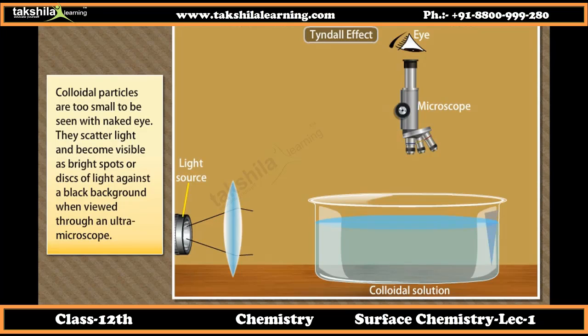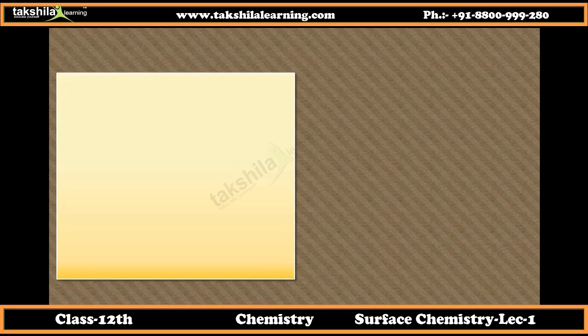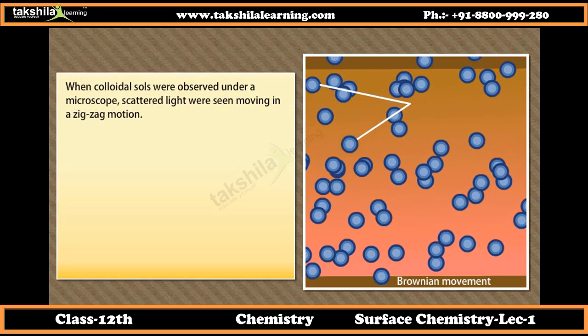Colloidal particles are too small to be seen with the naked eye. They scatter light and become visible as bright spots or discs of light against a black background when viewed through an ultramicroscope. Brownian movement. When colloidal sols were observed under a microscope, scattered light was seen moving in a zigzag motion.